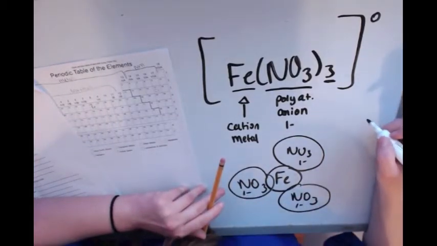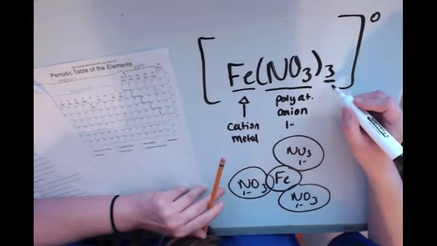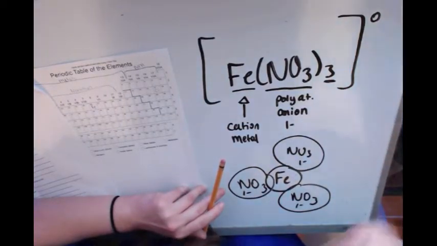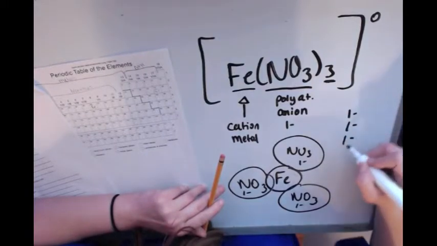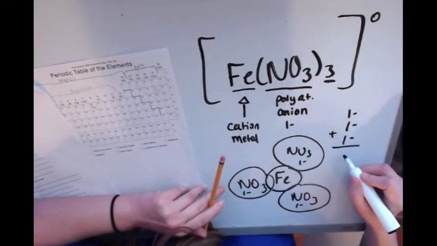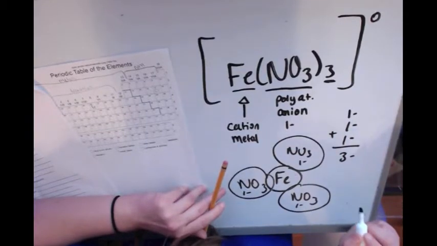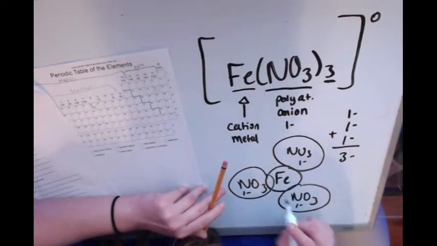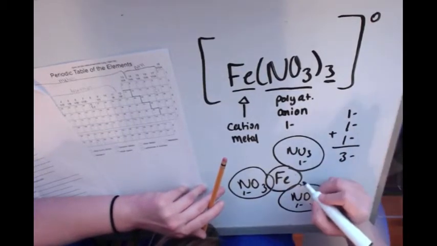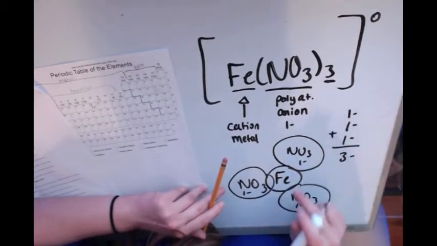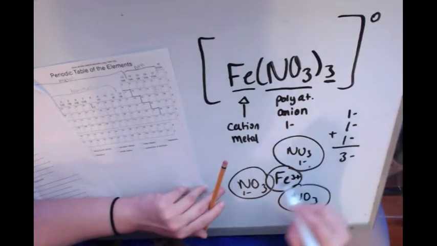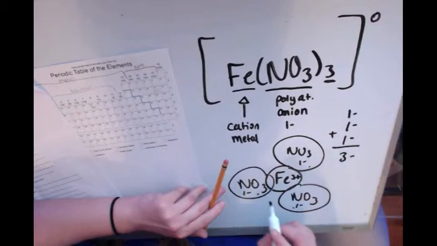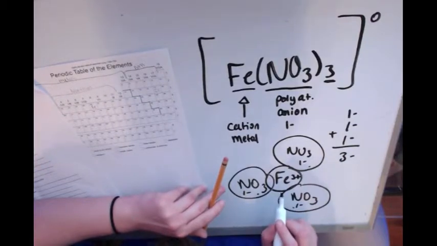So I have 3 of them, denoted by this 3 subscript. And so 3 1 minuses, let's do a little math, equals 3 minus. So this 1 atom needs to negate that. In order to do that, this 1 atom has to have a total charge of 3 plus. So these have 1 minus, and this 1 iron atom has a charge of 3 plus.